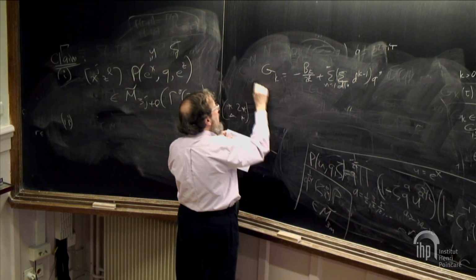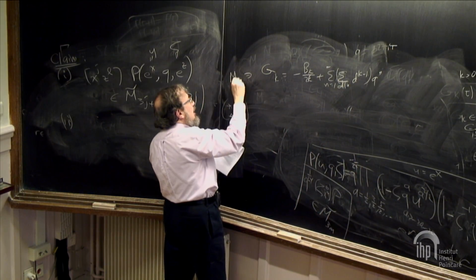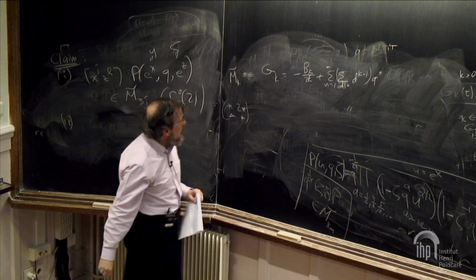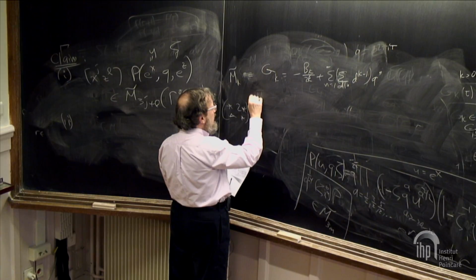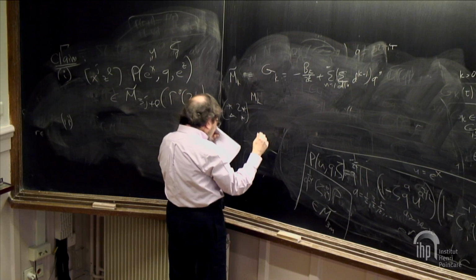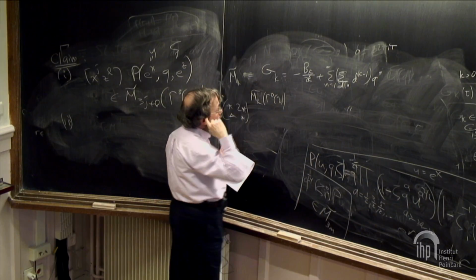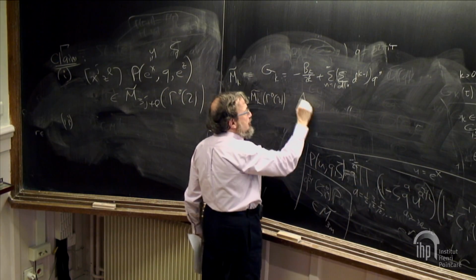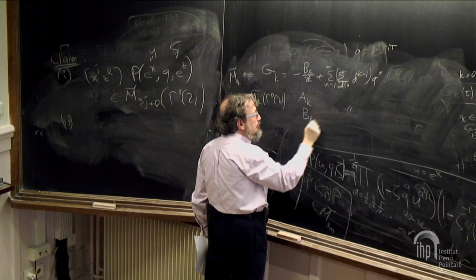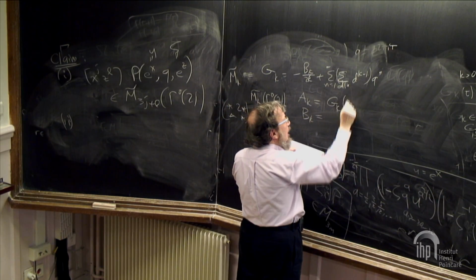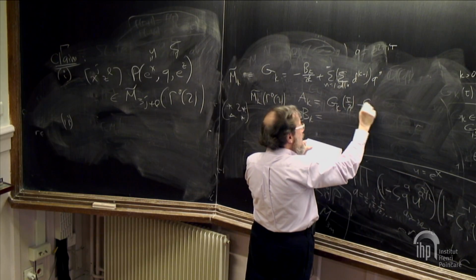And so this is a modular form on SL2Z, except if k is 2, you need the tilde. And now I'm going to make 2 Eisenstein series on this slightly smaller group, which I'll call just A_k and B_k. And so this is G_k of tau over 2 minus G_k of tau.